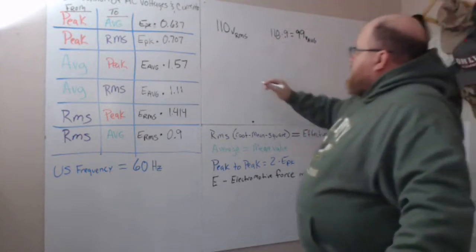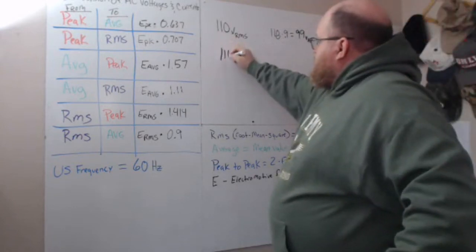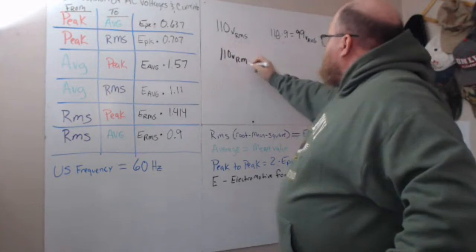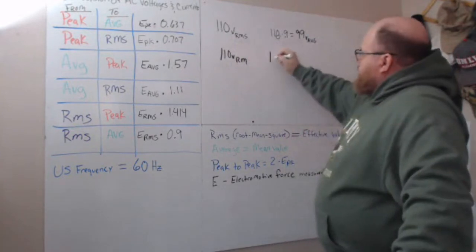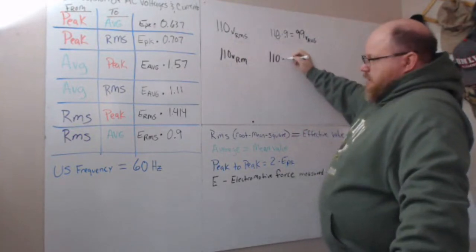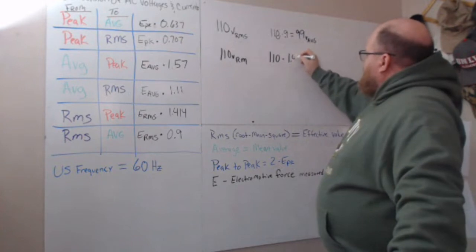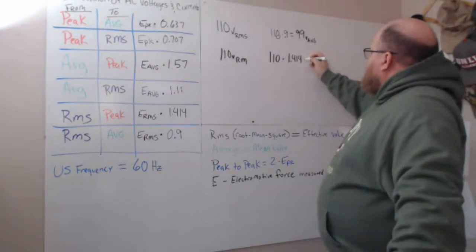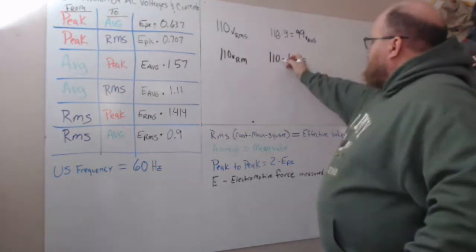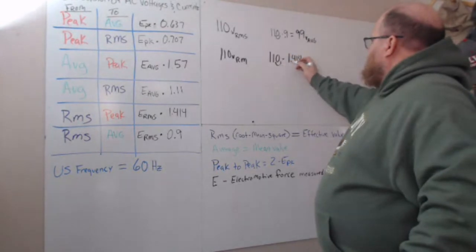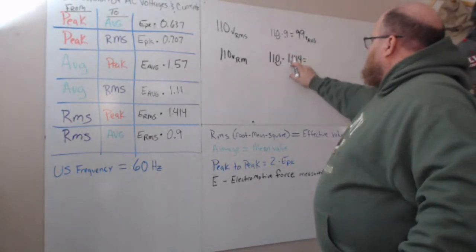If we want it to be peak, so we have the 110 volts RMS, and we're going to change it to peak, so it's going to be 110 times 1.414.